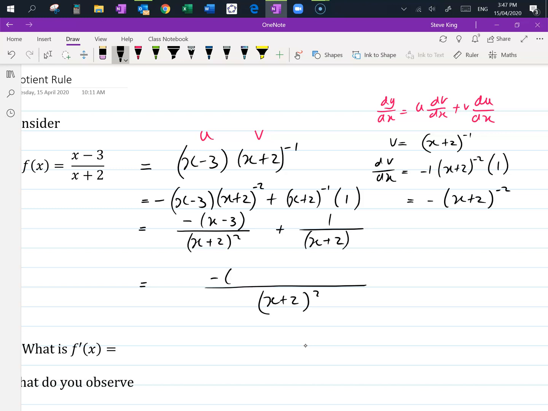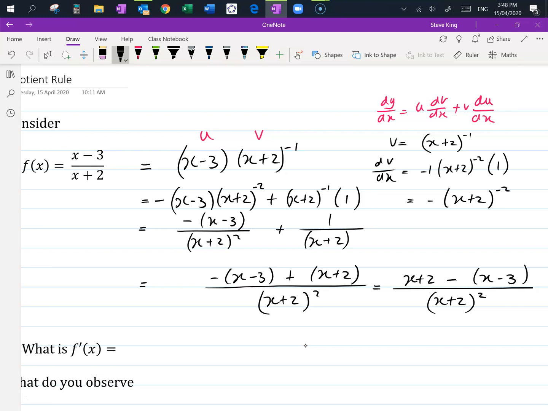What am I going to have? I'm going to have minus x minus 3 plus, and this bracket over here is going to be x plus 2. And just for tidiness sake, I'm going to rewrite that the other way around. We're going to put the positive thing at the start, and then have my negative after that. And what have I got?